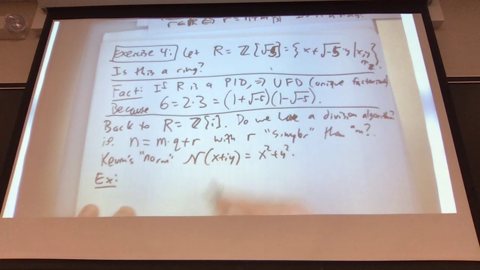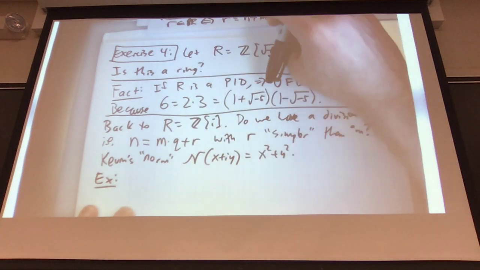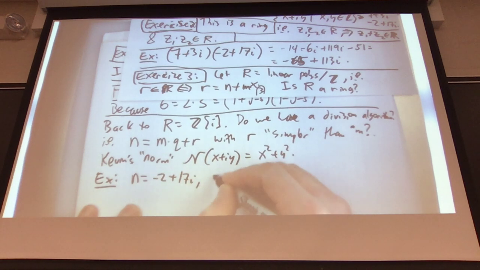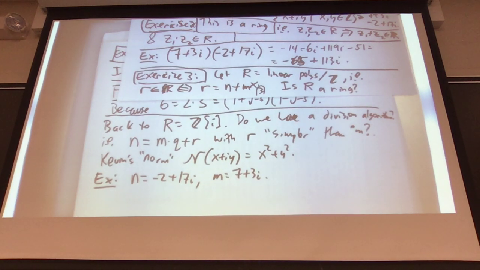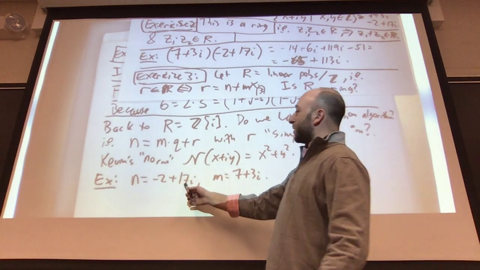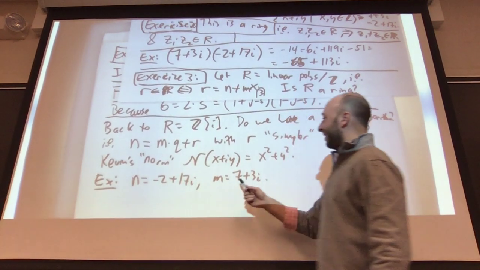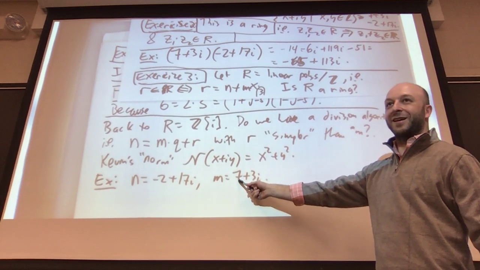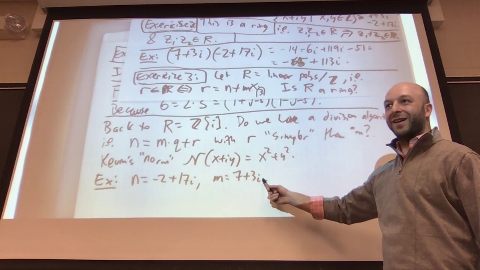Example 4. We had some nice numbers here. How about n is equal to -2 plus 17i, and m is equal to 7 plus 3i. First of all, which one's bigger? 17 squared plus 4. I don't have to do that much computation in my head to guess that that's not going to be smaller than 49 plus 9.